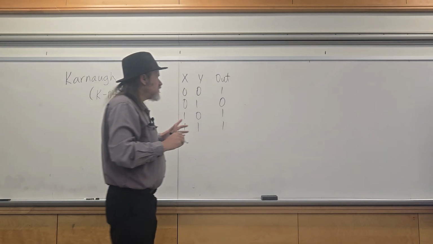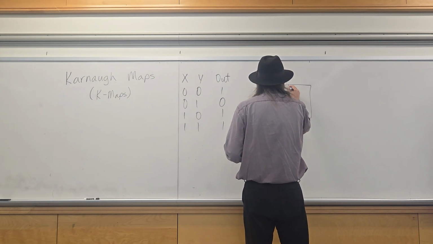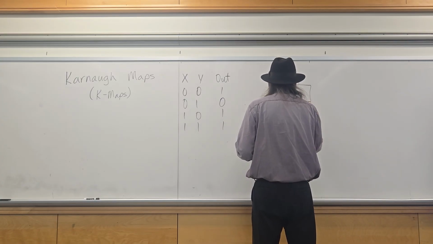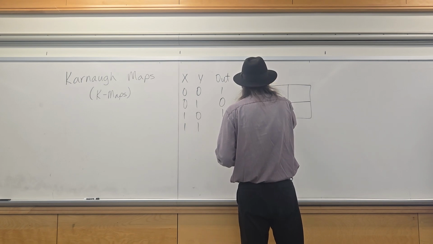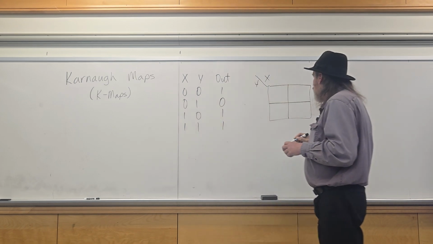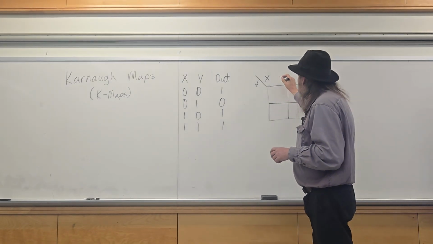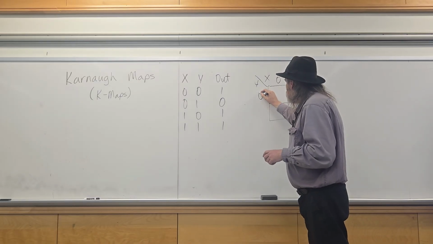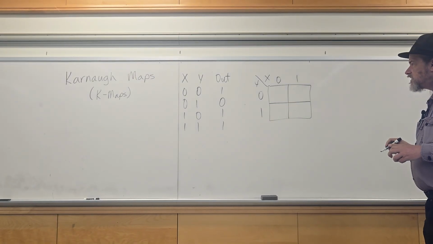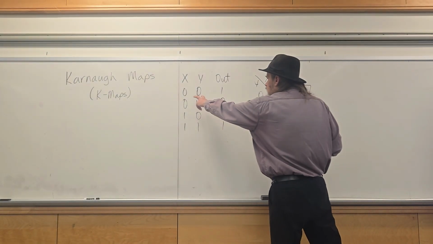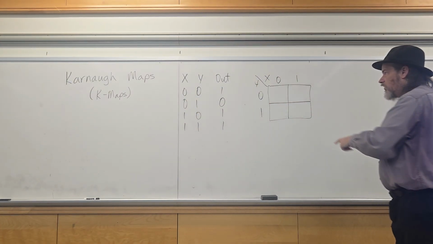So you make a map with 4 boxes, where the values are, and you put the output in the box.